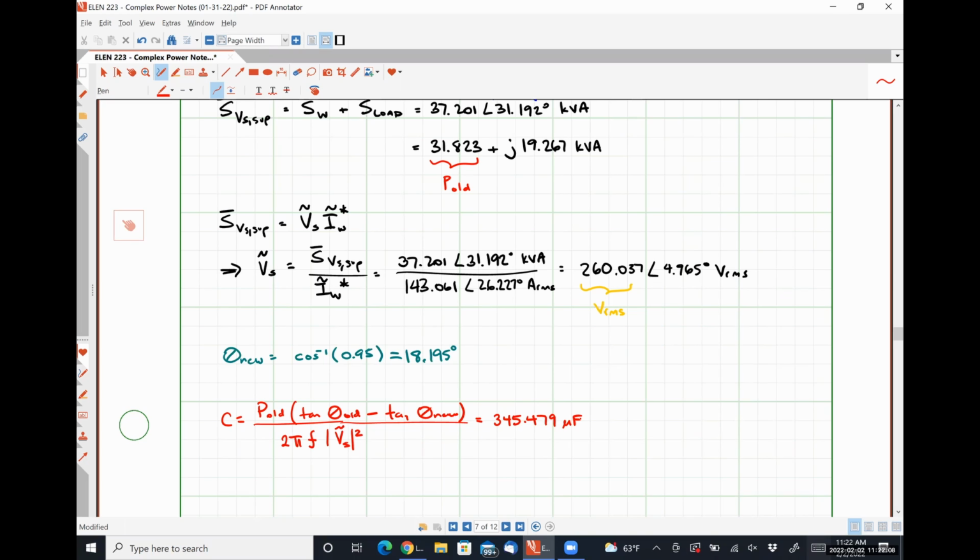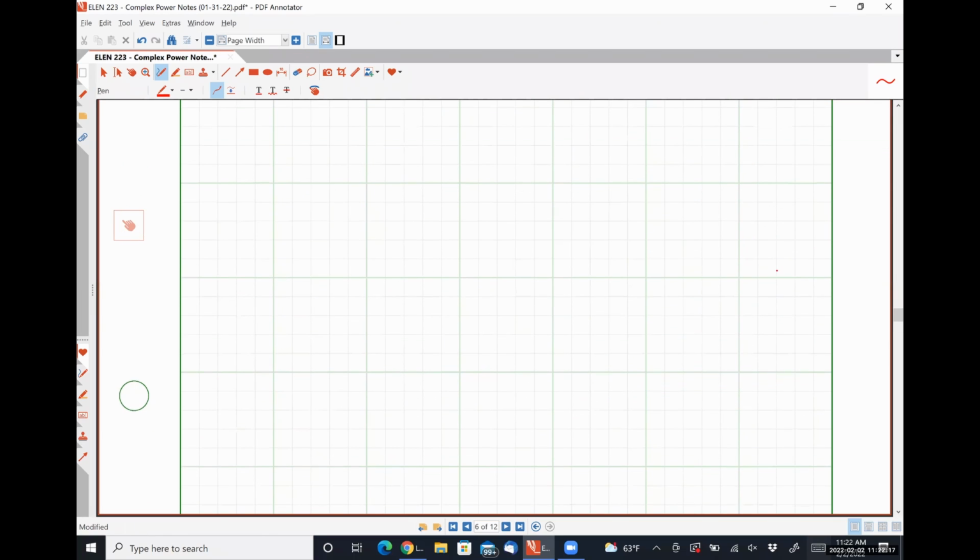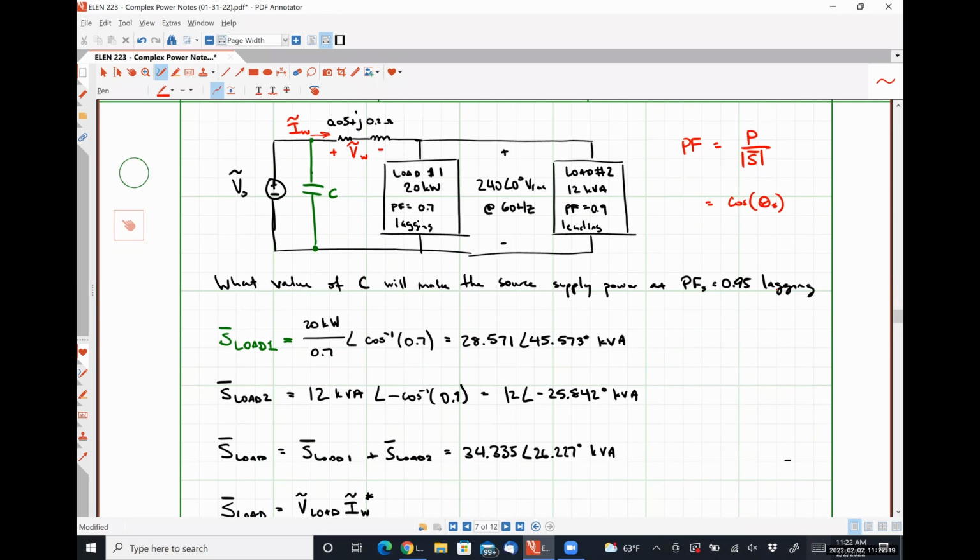Does that make sense? So if we scroll up here, power factor in general is defined as the ratio of the average power to the apparent power, which is the exact same thing as the cosine of the power factor angle. So if I know the power factor and I want the angle, I do the inverse cosine of the power factor.